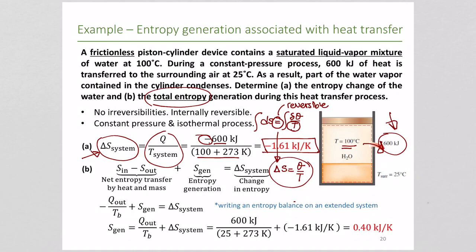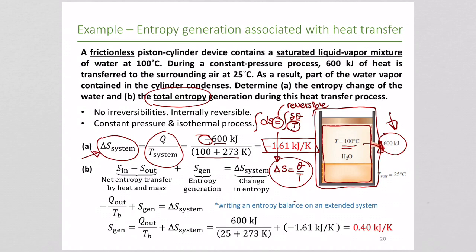So instead of taking the boundary here, now we include the immediate surroundings and take the boundary around this region, and analyze the system again. That will help us include the changes in the immediate surroundings of the system.